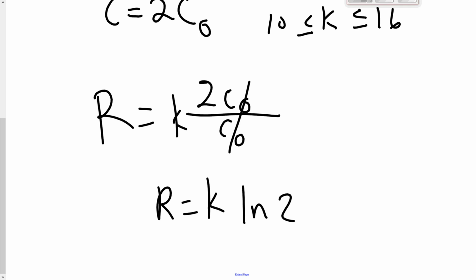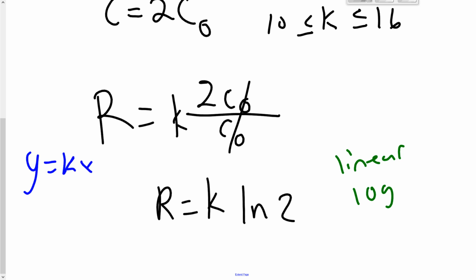So looking at the problem, it just wants to know, is this equation a linear representation, or is this a logarithmic representation between R and K? So linear is kind of like a direct variation equation, right? Y equals kx, right?